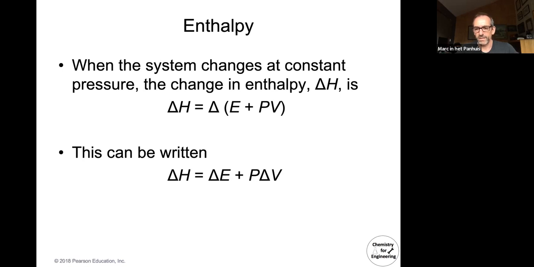But if we are assuming that what we're doing in the normal world is always at constant pressure, then this is the equation that we can use for the change in enthalpy.